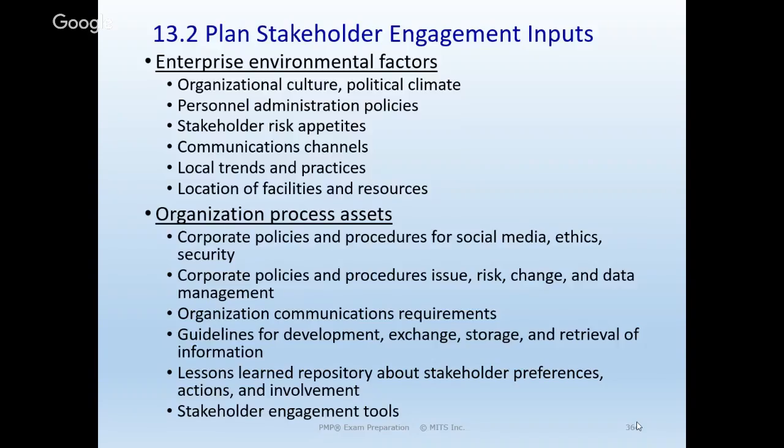On the organizational process asset side, we probably have policies and procedures in place, maybe ways that we use social media to broadcast what's going on. Our communication requirements within the company, and the same stuff that we see in a lot of these guidelines for how to handle all this information.